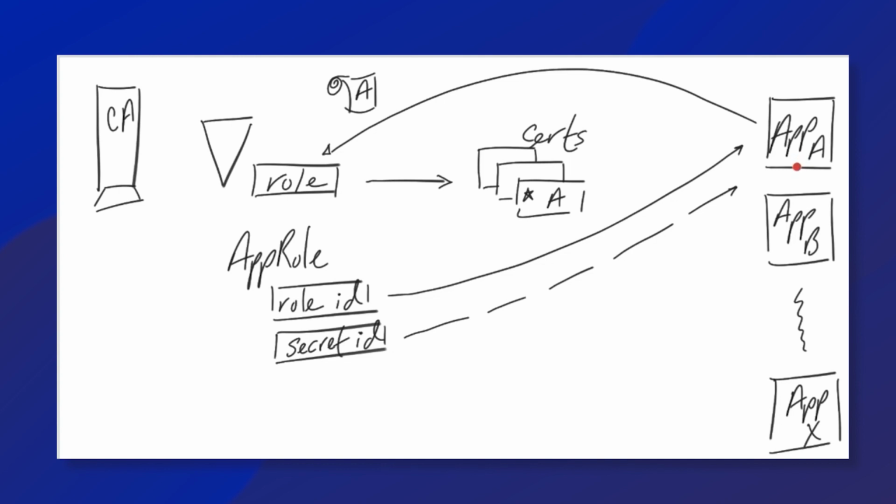Not surprisingly, it's one of the more popular automated auth methods, AppRole. We won't get into too much detail about AppRole because it's a whole subject in itself, but largely you can think of the role ID as a username and the secret ID as a password within AppRole.